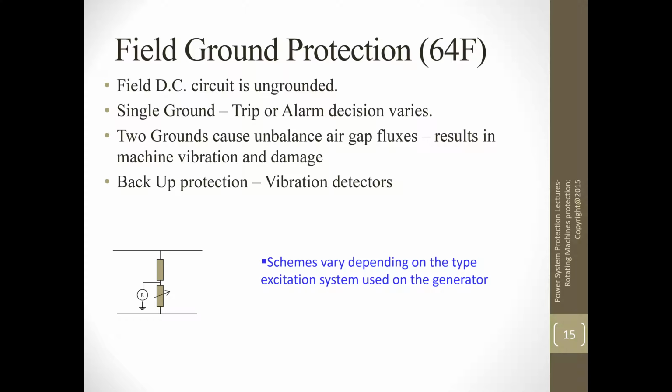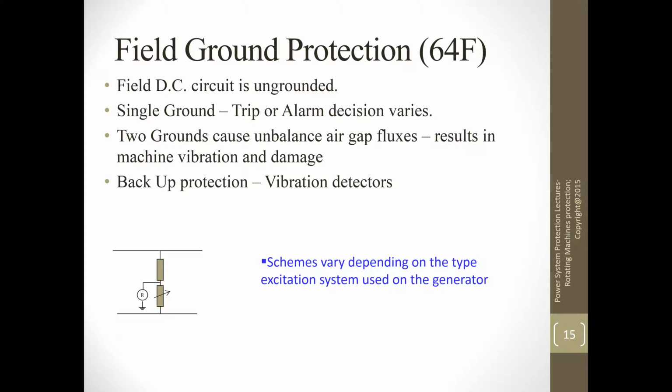Two grounds cause an unbalance in air gap fluxes that results in machine vibration. We can also look at the vibration and detect that, and it might also result in a lot of damage. As backup protection for this electrical ground fault detector, they use vibration detectors.